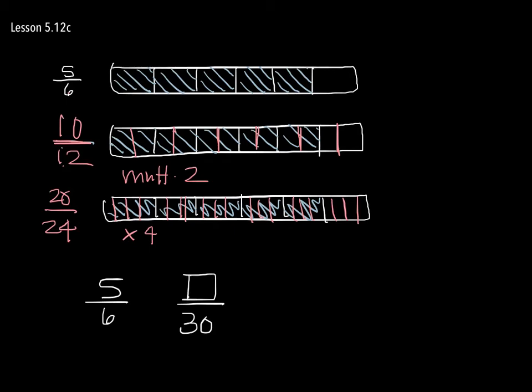So if I know that 6, how did I get to 6? Because whatever I do to 6, I'm going to do the same to 5, because whatever you do to the bottom, you do to the top. Well, I multiplied 6 times 5. Whatever I do to the bottom, I multiply the top, and I'm going to get 25. So my multiplier in this case, boys and girls, is 5.